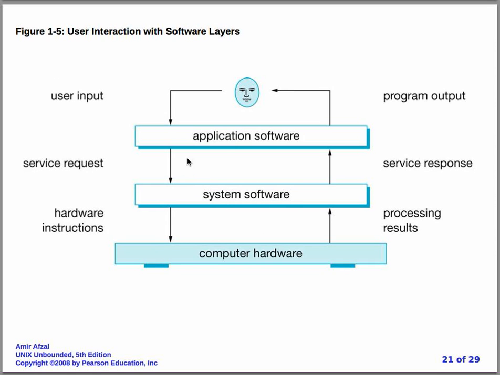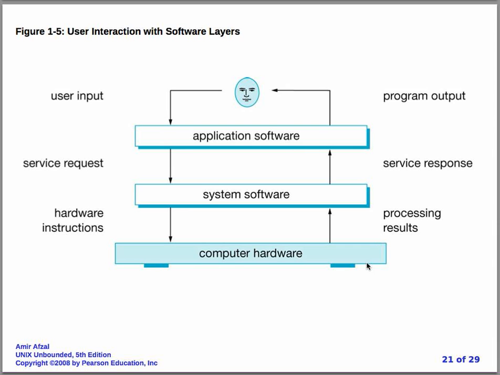On top of this is application software like web browsers. The web browser or word processor, those kinds of programs don't need to know all the details of the hardware. Those things are sort of hidden from application software by the system software. So definitely we will see this kind of structure over and over again.